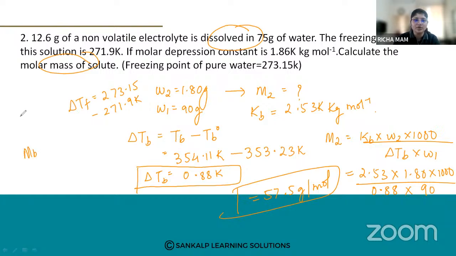First we'll solve this, we'll go back again to the previous question. So the answer is 57.5 gram per mole. For the formula, 1 mark, for the substitution, 1 mark, and for the answer with the correct units, 1 mark.